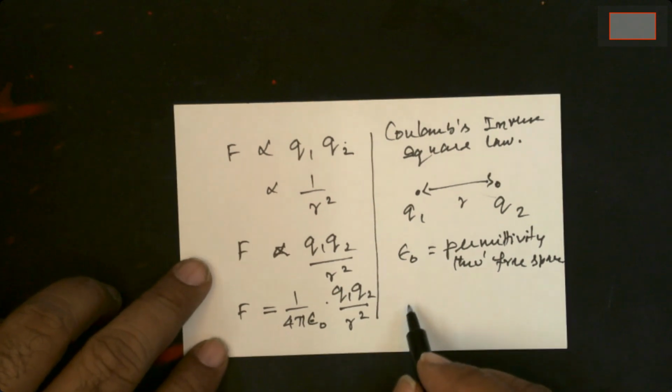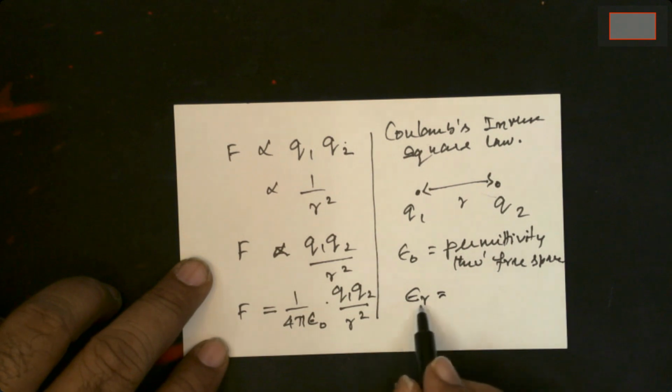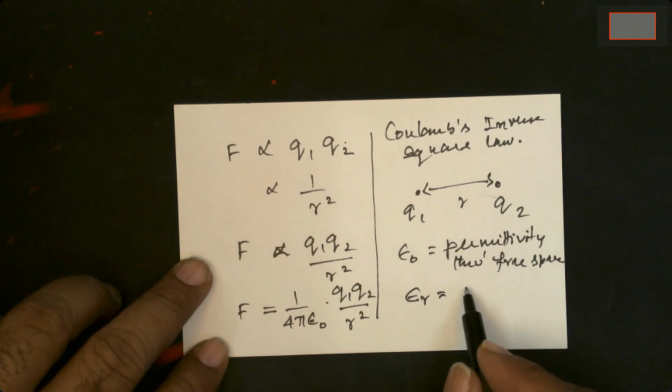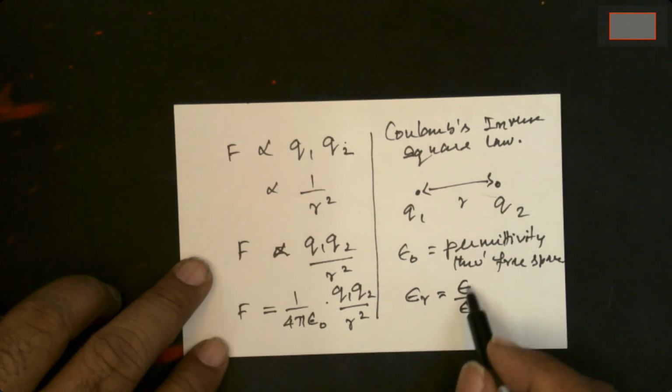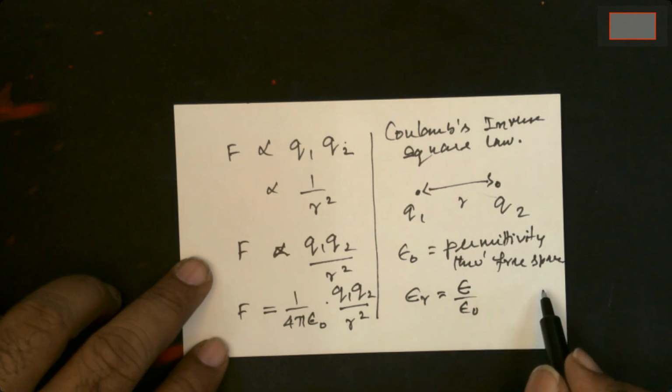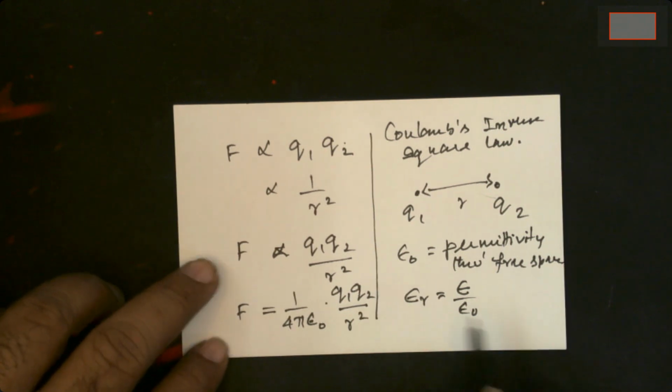And you should know there is a term called relative permittivity. So here, relative permittivity is equal to epsilon divided by epsilon naught. It means epsilon is the permittivity of a certain medium, epsilon naught is the permittivity through vacuum, and this is relative permittivity.